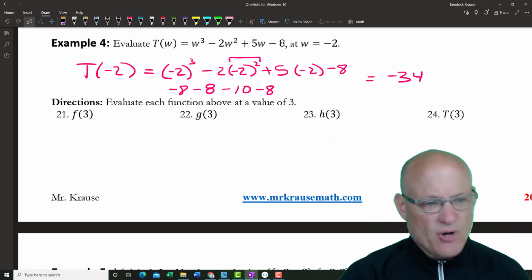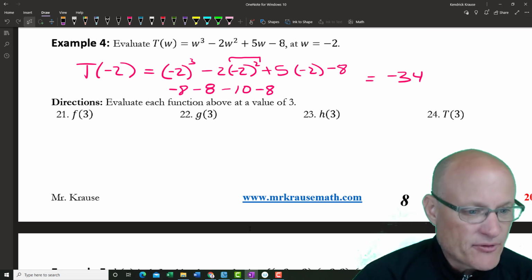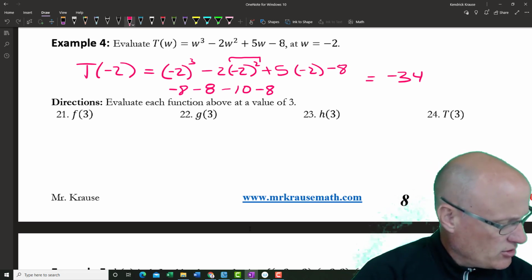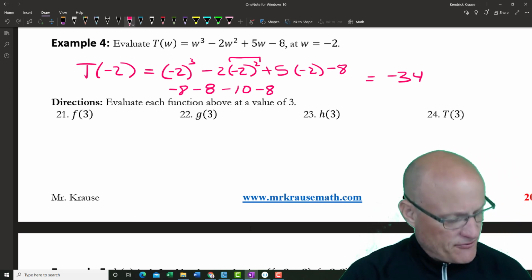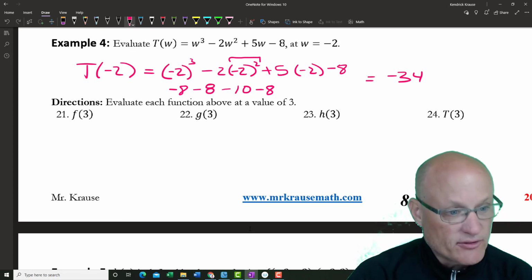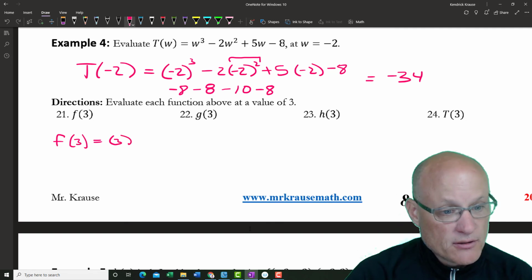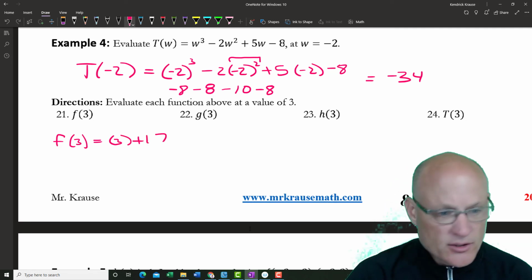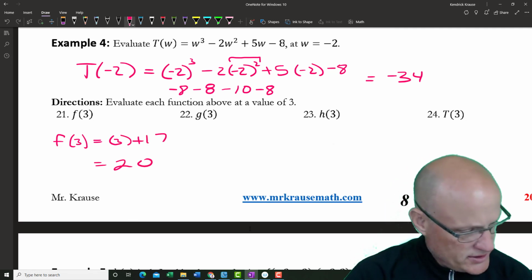And then I ask you to do all these with 3. So let me just go. The f function is x plus 17. So f of 3 is equal to 3 plus 17, which is 20.